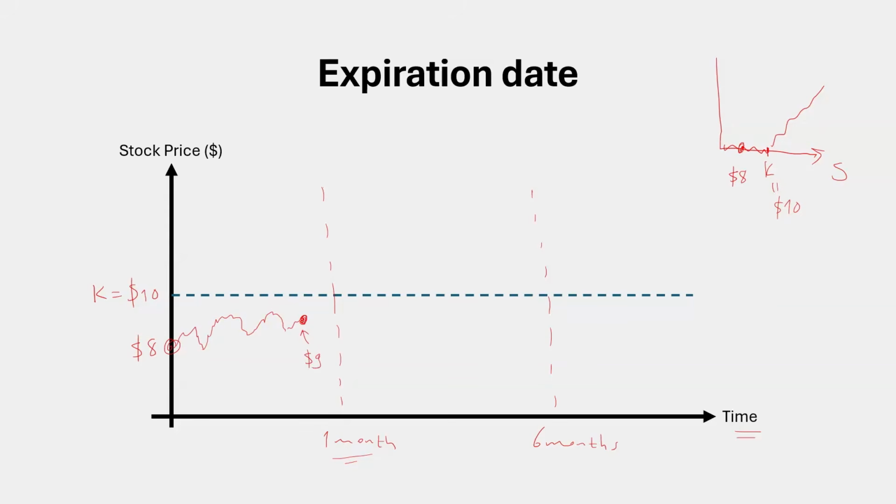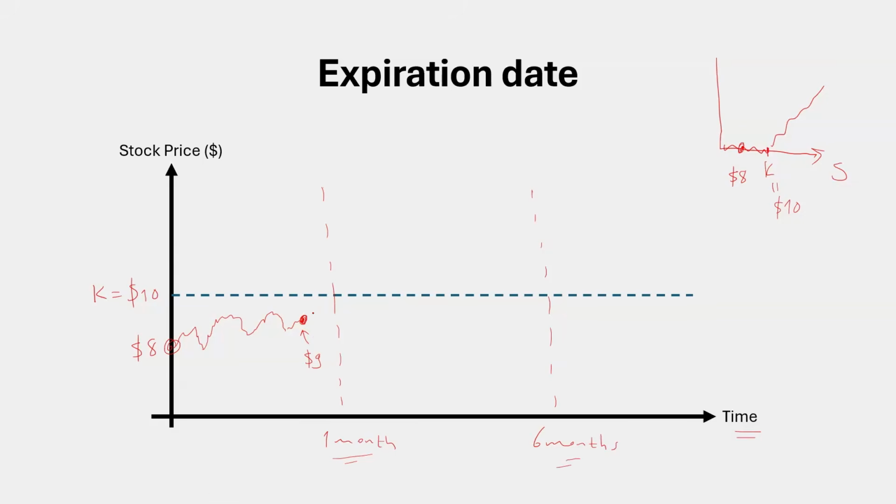This call option is still out of the money, and there's not a lot of time left until expiry, so there's not too much chance that given the limited number of days this contract will become in the money. But for the 6-month contract, we still have plenty of time.